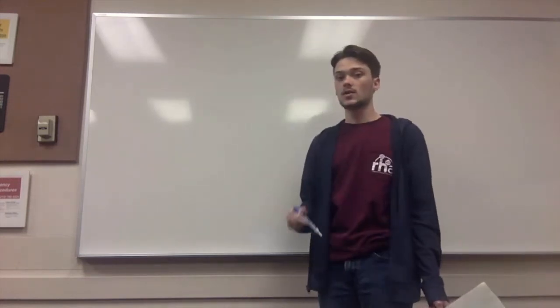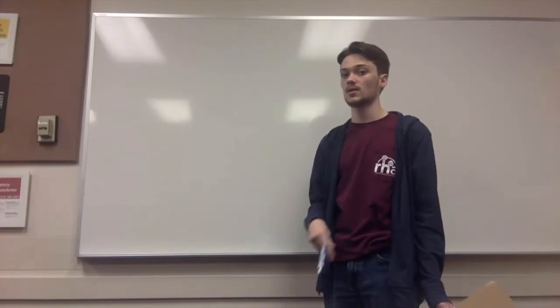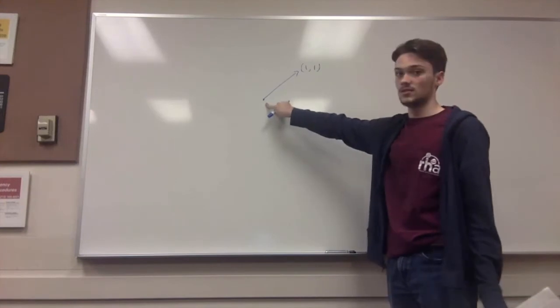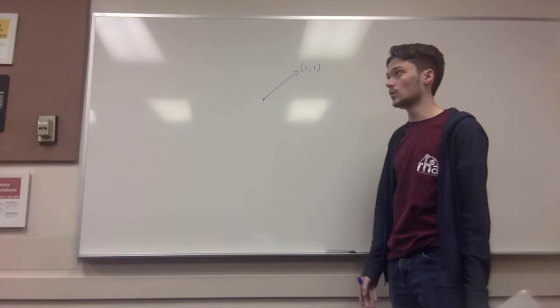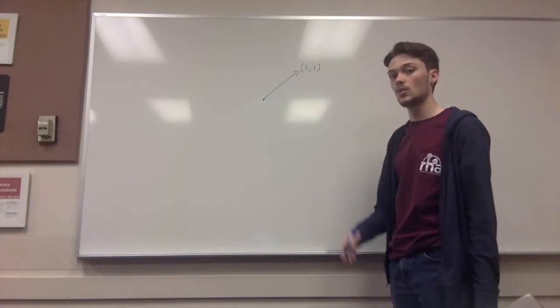So if you didn't know, vectors can also be decomposed into separate x and y parts. Say we have a vector going from the origin 0, 0 to 1, 1. The x component of this vector would be, of course, 1, and the y component of the vector would also be 1.